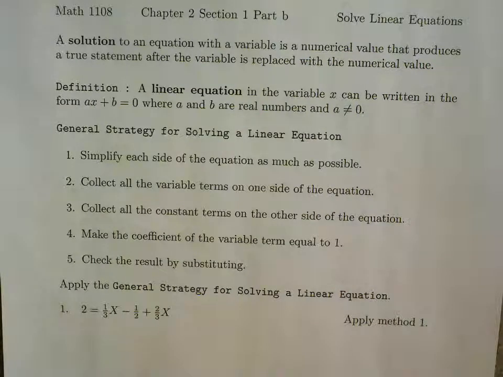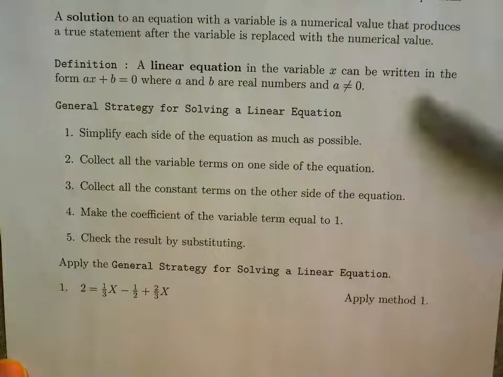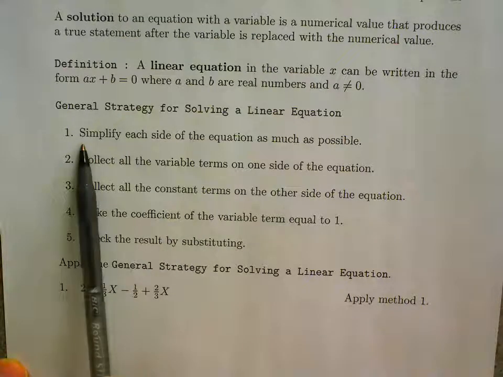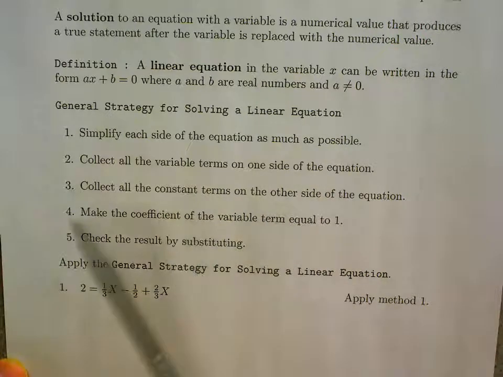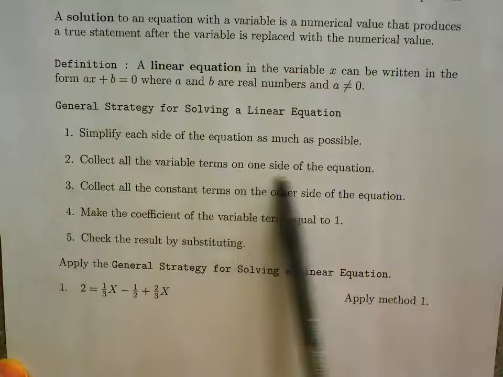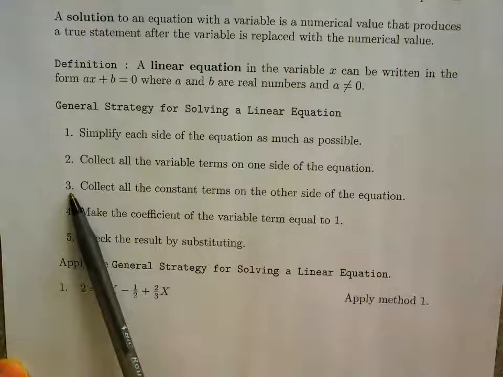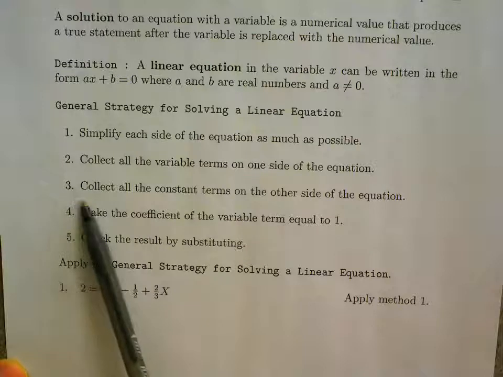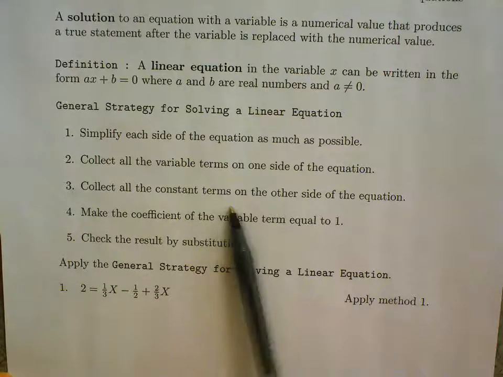We also covered the general strategy for solving a linear equation on Monday, but we'll just read through this briefly again. Simplify each side of the equation as much as possible. Then after that, collect all the variable terms on one side of the equation. Then once you've done step 2, step 3, collect all the constant terms on the other side of the equation.